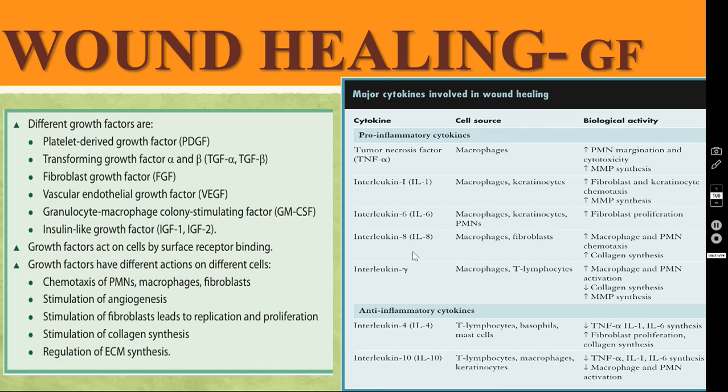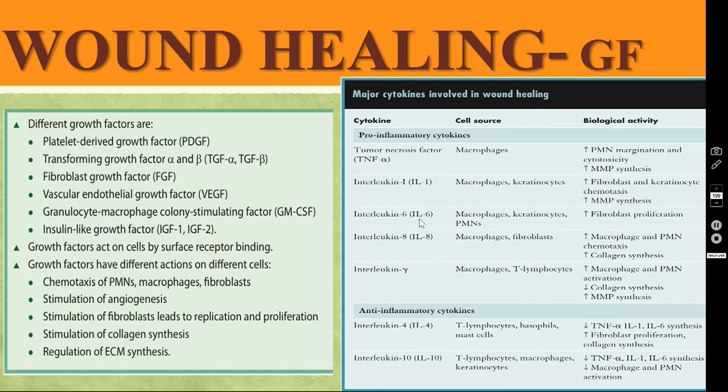Here in this tabular column, you are seeing various cytokines involved in wound healing. These cytokines are broadly pro-inflammatory cytokines and anti-inflammatory cytokines. The pro-inflammatory cytokines are tumor necrosis factor, interleukin 1, interleukin 6, interleukin 8, and interferon gamma.